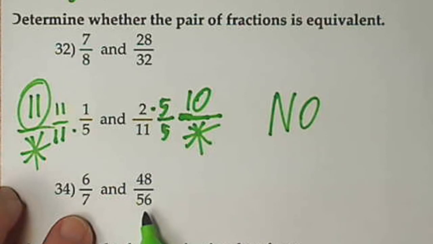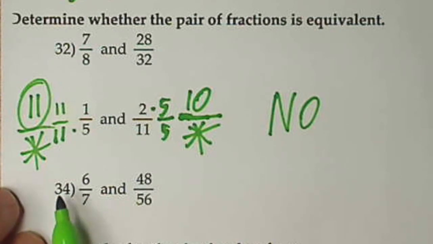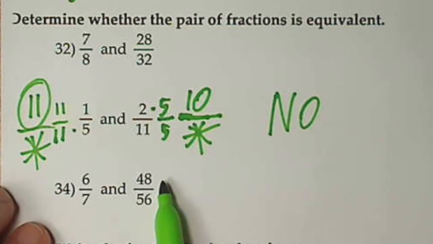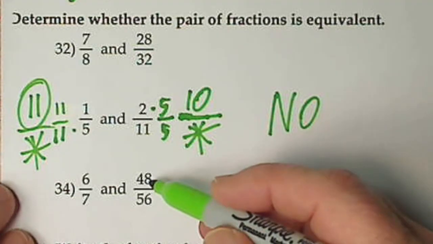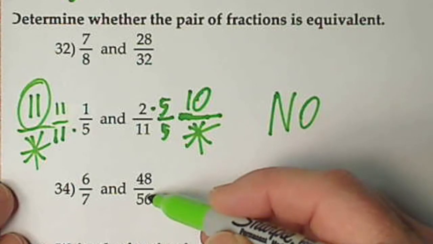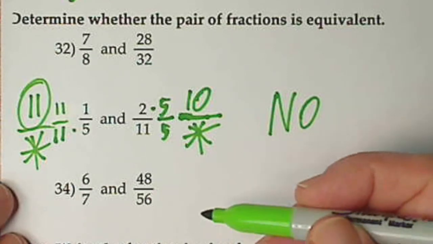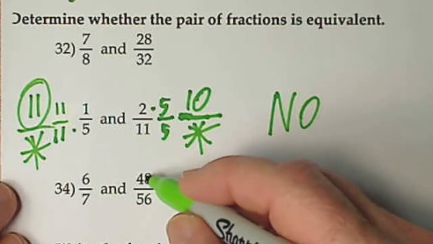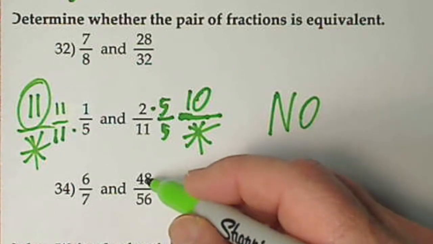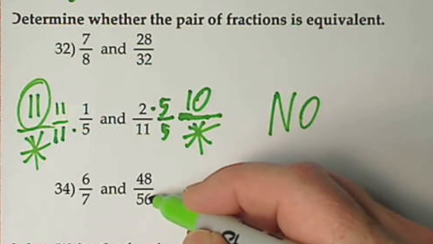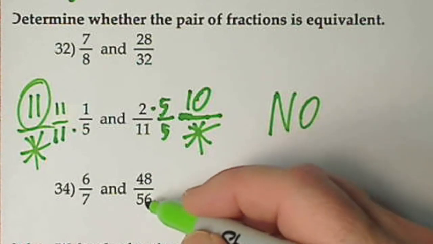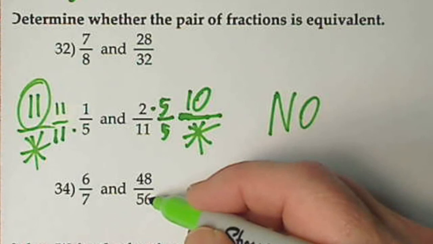And this one, if I was going to multiply by 56 over 56, ignoring the denominator, and 7 over 7, ignoring the denominator, I'd have pretty big fractions to look at. But notice this can be reduced. I'm not changing the value, I'm just going to change the way it looks. 7 goes into, let's see, what goes in there? 48. 6 will go into that. 3 won't go into that, so 6 certainly won't.